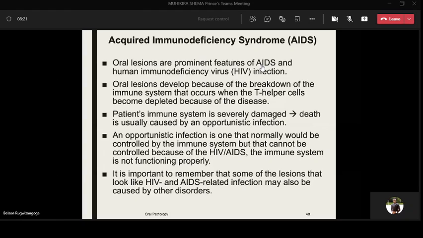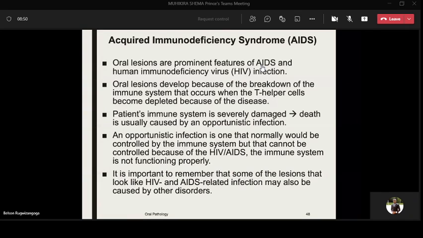So the acquired immunodeficiency syndrome has oral manifestations, as I had said, and these oral lesions are prominent features of this syndrome. Oral lesions develop because of the breakdown of the immune system that occurs when T helper cells, which you know are CD4 cells, become depleted because of the disease.